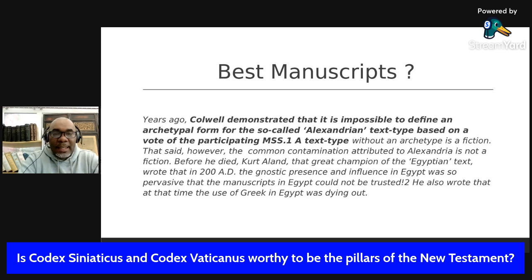Kurt Aland, in his book The Text of the New Testament, mentions this. He was the great champion of the Egyptian text. He wrote that in 200 AD, the Gnostic presence and influence in Egypt was so pervasive that the manuscripts of Egypt could not be trusted. He also wrote that at the time the use of Greek was dying out in Egypt.